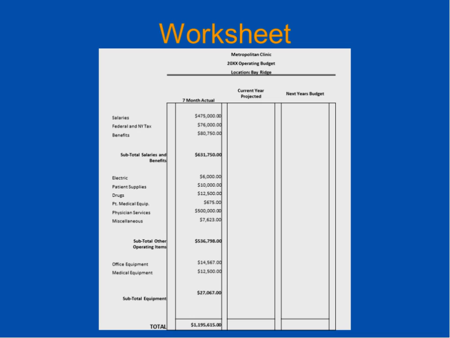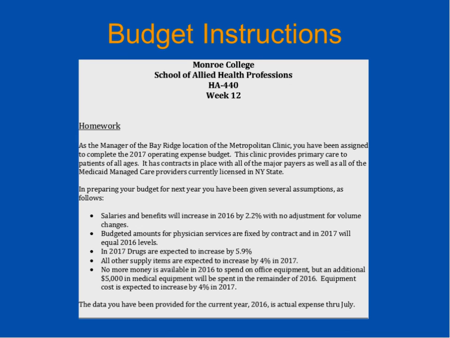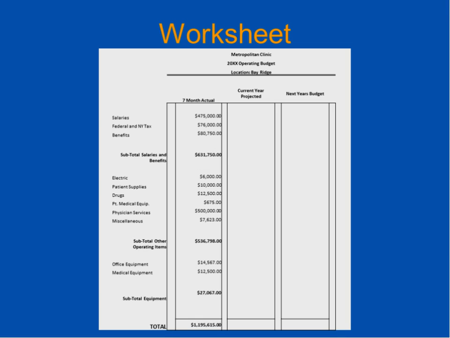You will find in your content area for this week a worksheet that looks like this document, as well as budget instructions. Let me just walk you through the general outline of what has to happen.